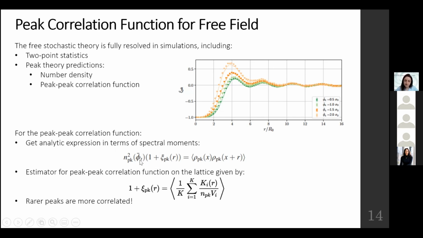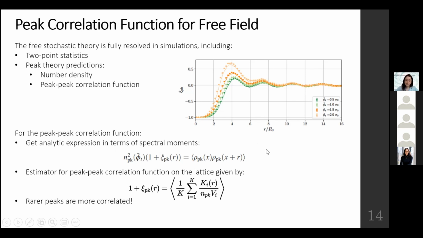So we take an equal time slice of our field. We count the number of peaks on the particular slice. Then we impose a threshold, see how many peaks are above this threshold, and then we compute the ratio of their number densities. This is the estimator that we use for the lattice in this expression down here.